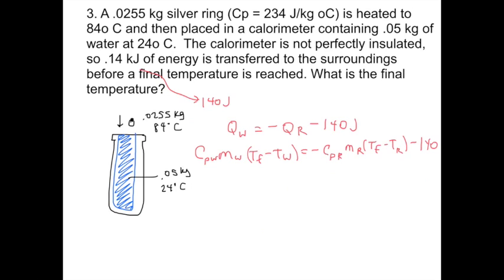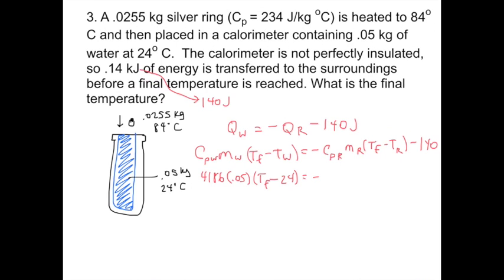So we know that the specific heat capacity of water is 4,186. I've looked that up from before. The mass of the water in this equation is 0.05 kilograms. Final temperature is unknown. And then the initial temperature of the water is 24 degrees.